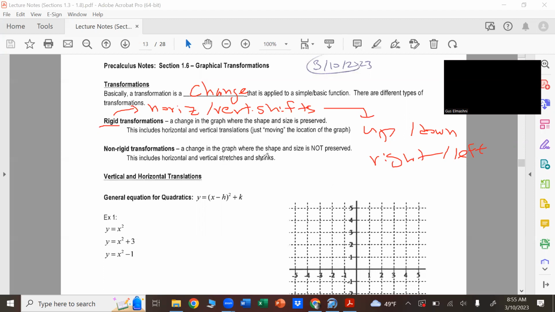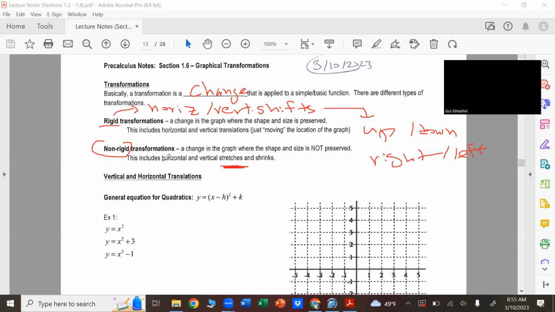Non-rigid is when you do change the shape and size. So those would be stretches. When you do a non-rigid transformation, what does that mean? You just don't change it at all? No, the shape changes. So the graph gets stretched. It doesn't just move. Right.